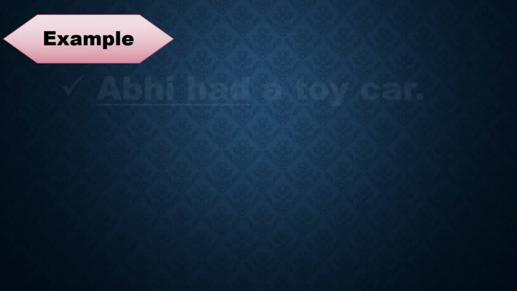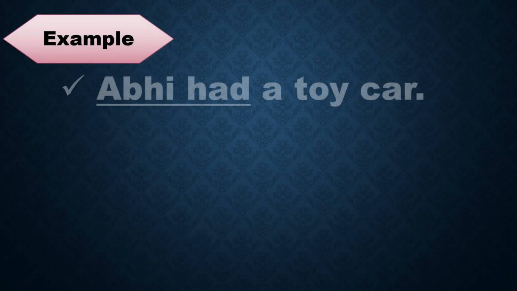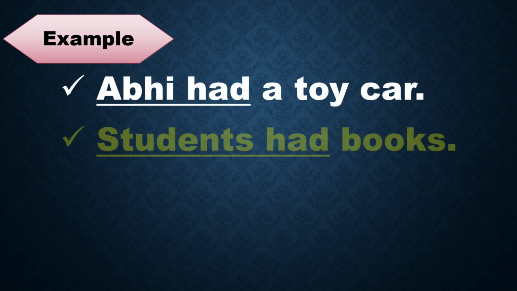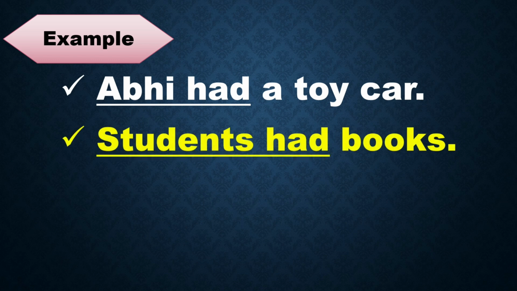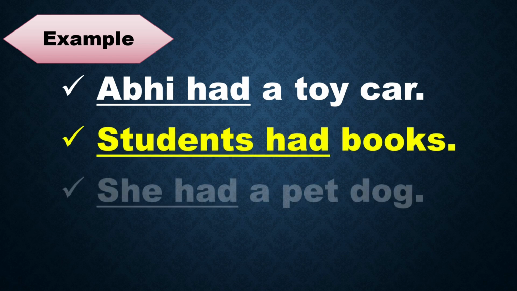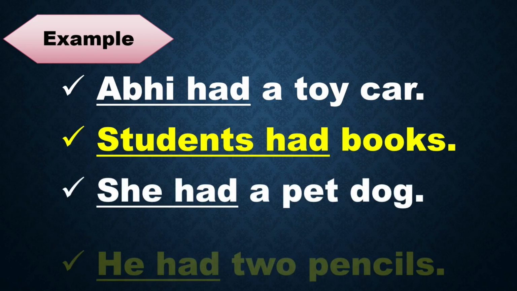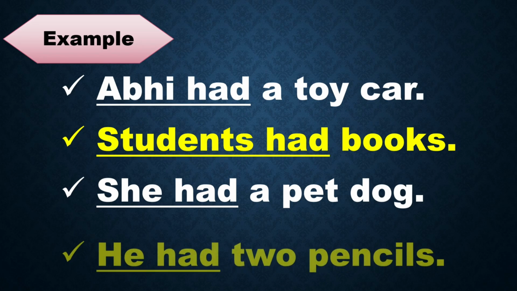Let's see some examples. Abhi had a toy car. Students had books. She had a pet dog. He had two pencils.